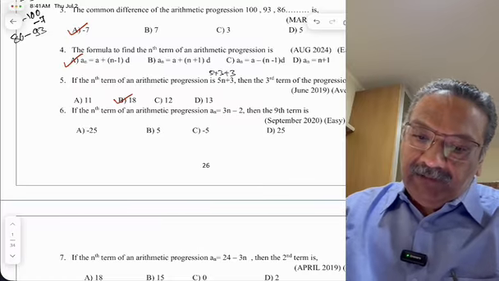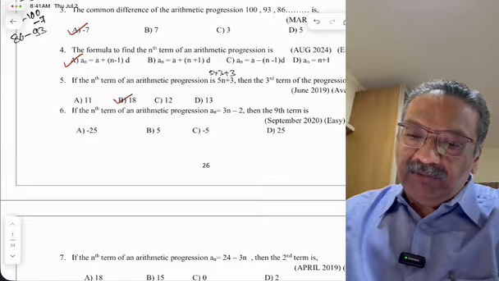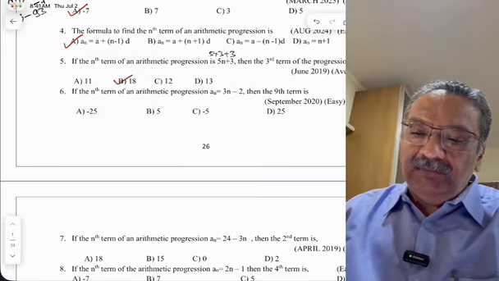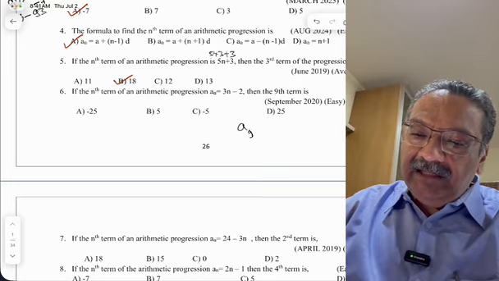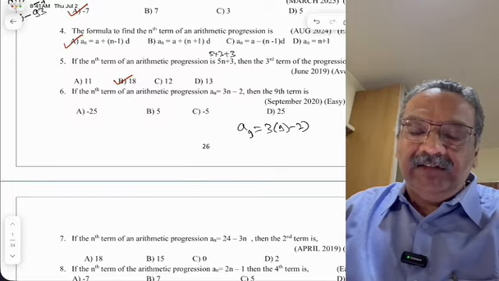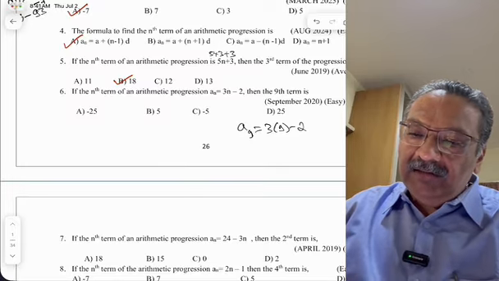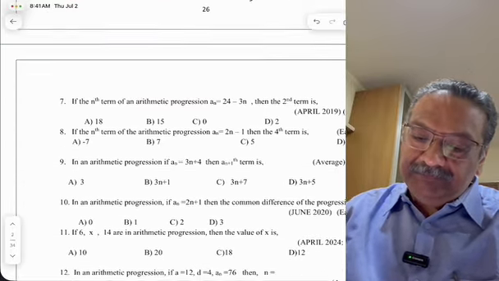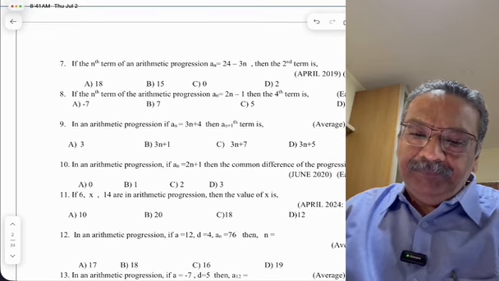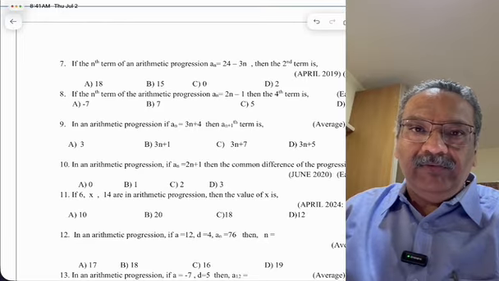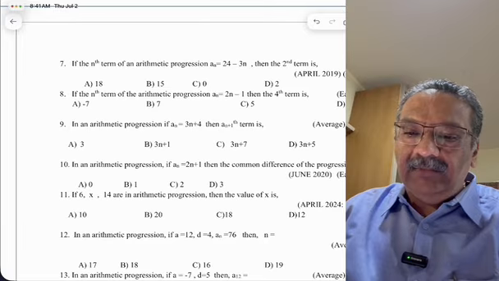Okay, same way, nth term of an arithmetic progression an is equal to 3n minus 2, then the ninth term. So a9 is equal to 3 into 9 minus 2, 9 3s are 27 minus 2 is 25, so the answer is 25, D. Seventh one, if the nth term of an arithmetic progression an is equal to 24 minus 3n, then they have asked the second term.